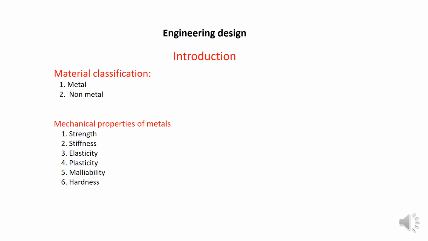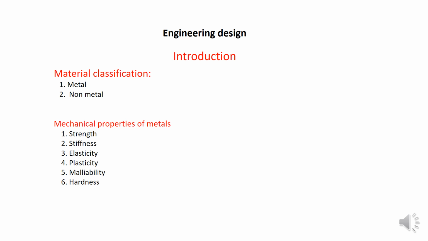Next property is malleability. It is a special case of ductility which permits material to be rolled or hammered into thin sheets. A malleable material should be plastic, but it is not essential to be so strong.